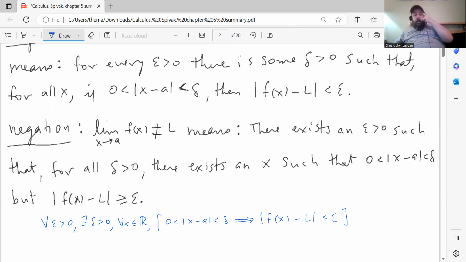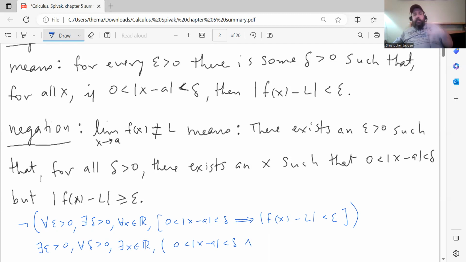If you wanted to negate this, it should be easy to do if you have it written out symbolically. If you negate this, you get there exists epsilon greater than 0 such that for all delta greater than 0, there exists x in R such that 0 < |x - a| < delta. And you have to be careful about the negation of an implication.